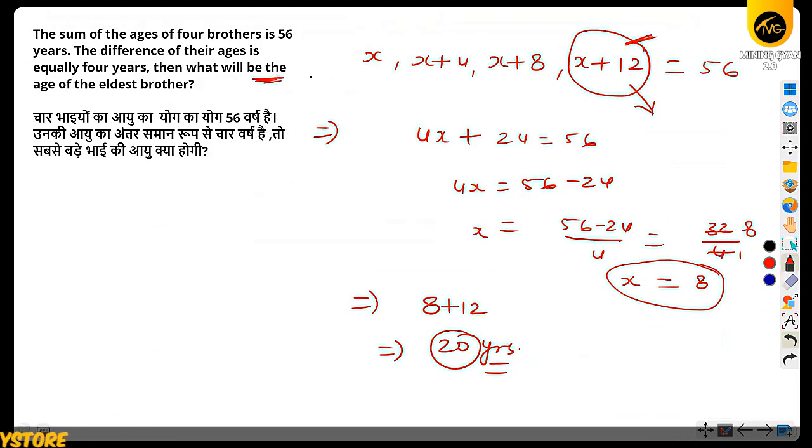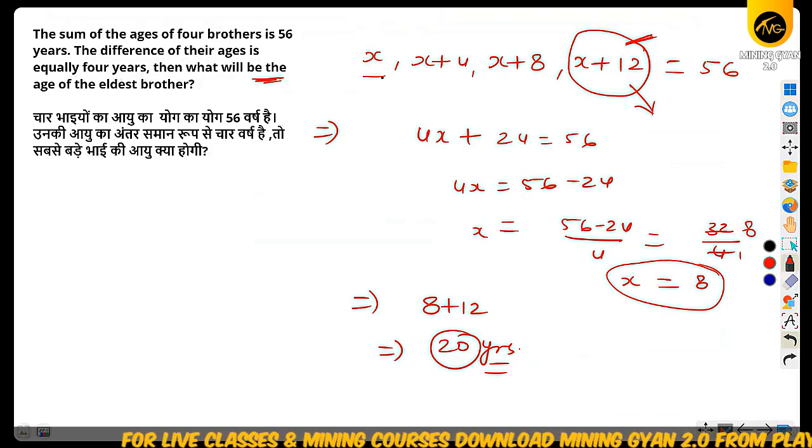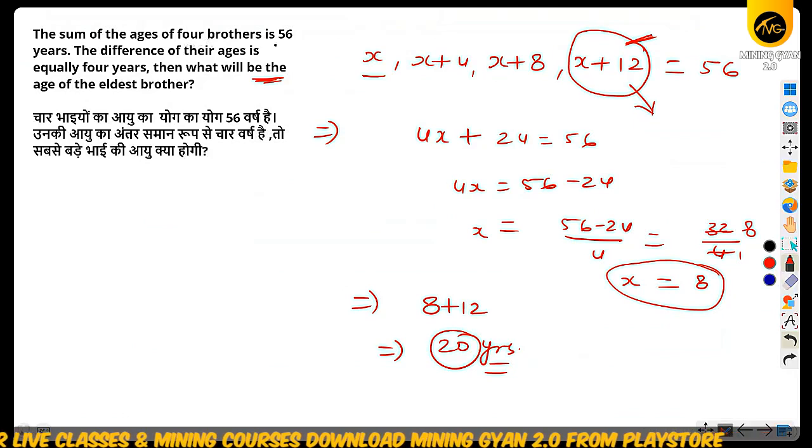Is it clear? Just assume as variables the ages of all four brothers. We have the difference of ages equally 4 years with all the four brothers, that's why x is the youngest, then the second one is x plus 4, third one is x plus 8, and x plus 12. And we have already the sum of ages of four brothers is 56 years.